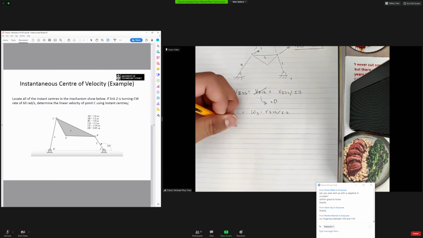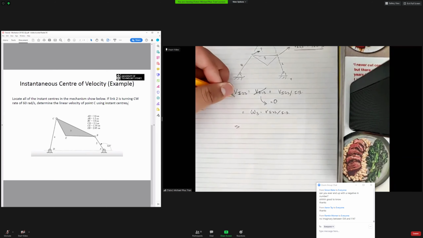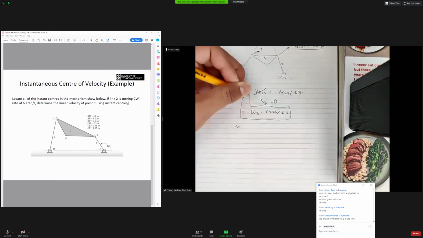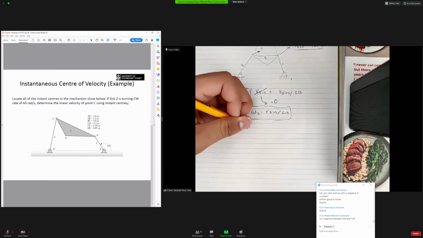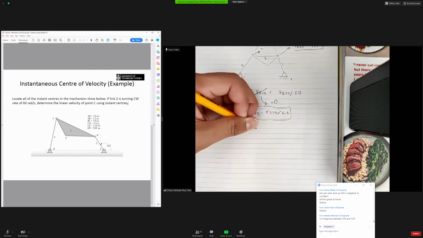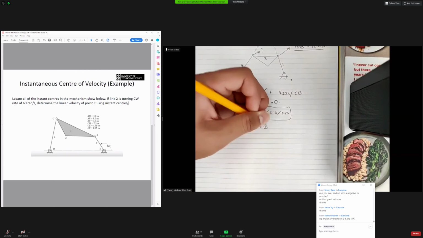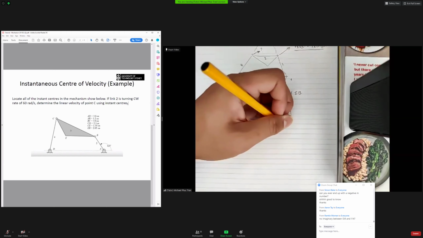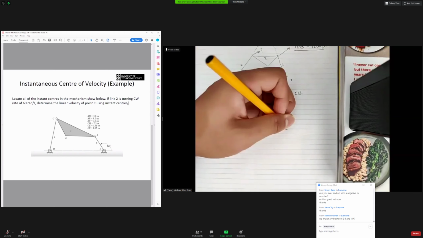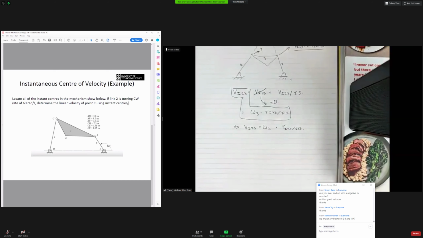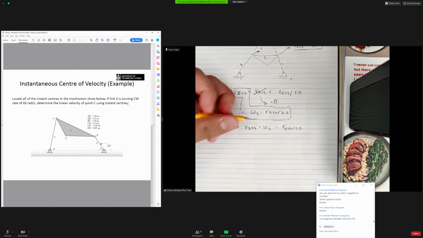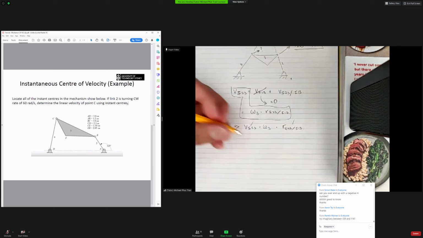So therefore, if we're just using these, VI23, and we have this and this distance.